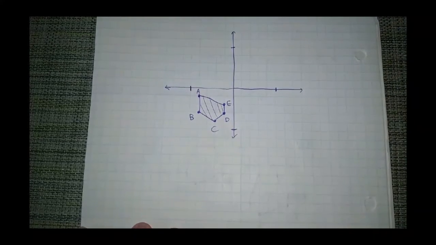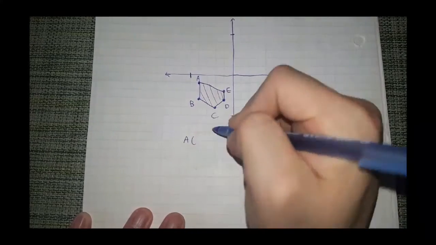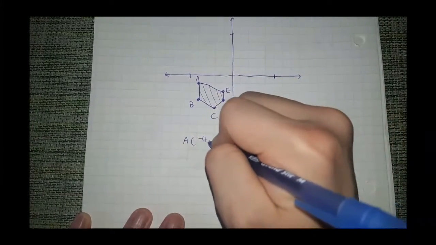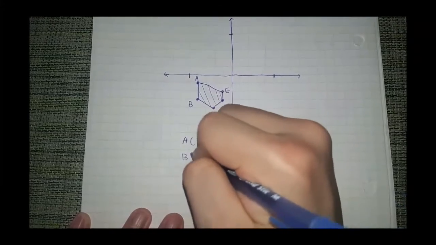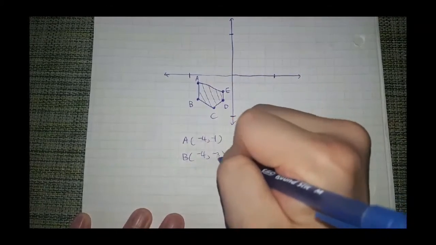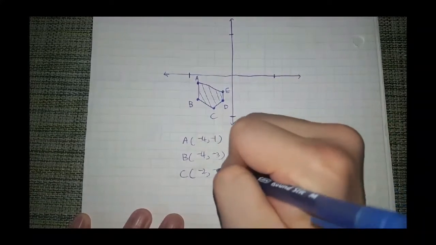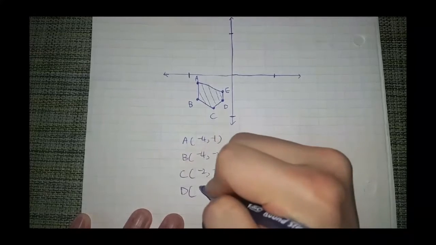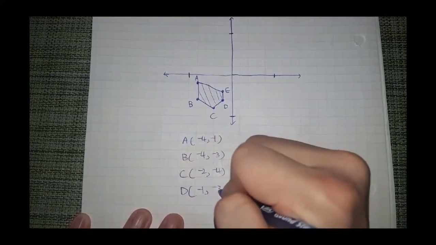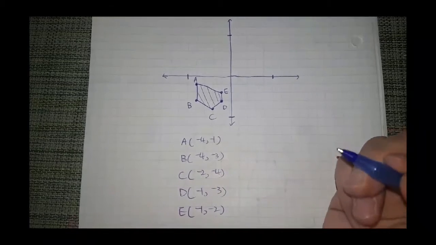Let's say we have A, B, C, D, E with coordinates. A is located at negative 4, negative 1. B is located at negative 4, negative 3. C is located at negative 2, negative 4. D is located at negative 1, negative 3. E is located at negative 1, negative 2.